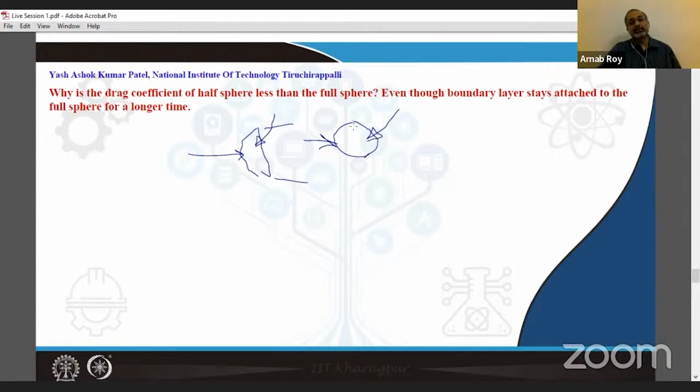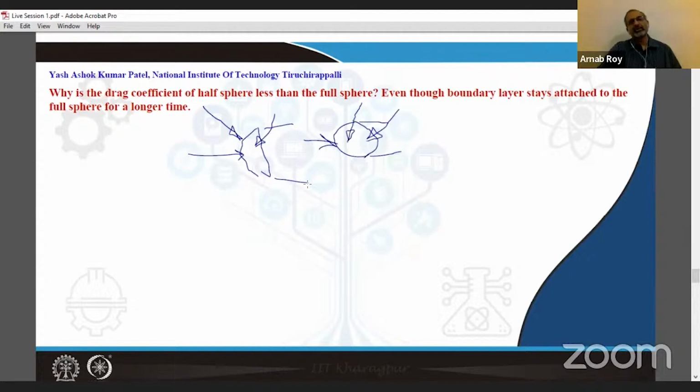It's expected to be wider than this, and therefore the pressure drag probably of the half cylinder would be more than compensating the higher skin friction drag that may be coming up in this case. You have to check this. So I leave it to you also to think over it.